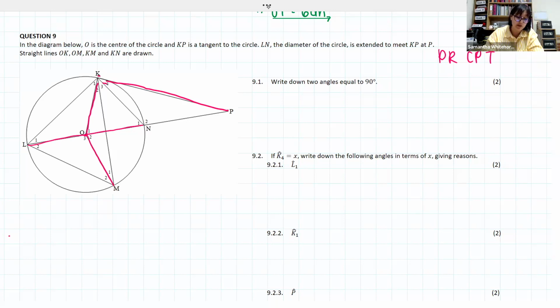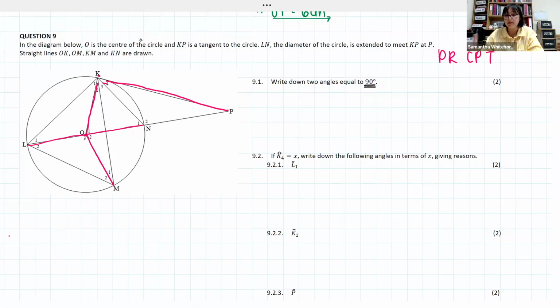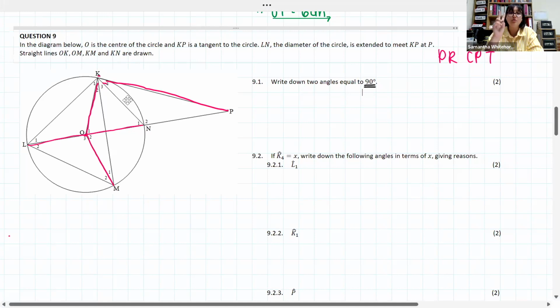So the first question is asking us to write down two angles equal to 90. Now it says without reasons, but I want us to give reasons because obviously we should always be giving reasons in geometry. So take a second, have a think. I want two angles that are 90 degrees in size.